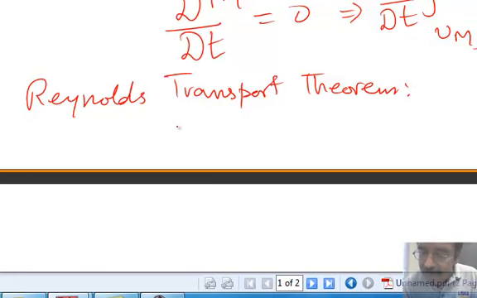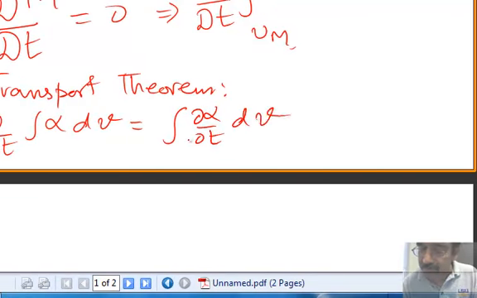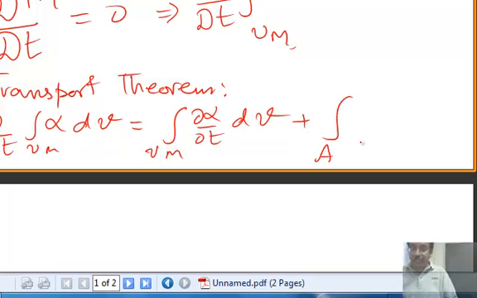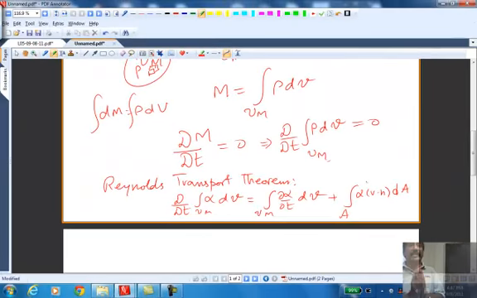If I have d/dt of the integral of any quantity alpha dV, that is going to be given by the integral of d alpha/dt dV over the same volume plus the integral over the surface area of that material volume of alpha v dot n dA. It's called the Reynolds Transport theorem.